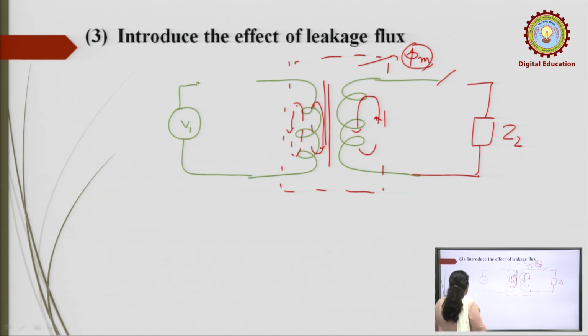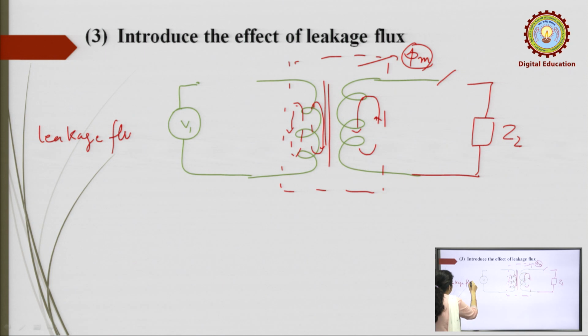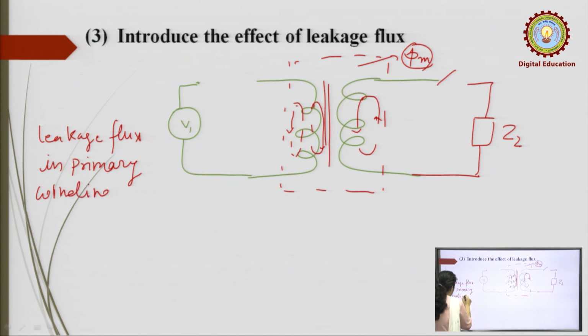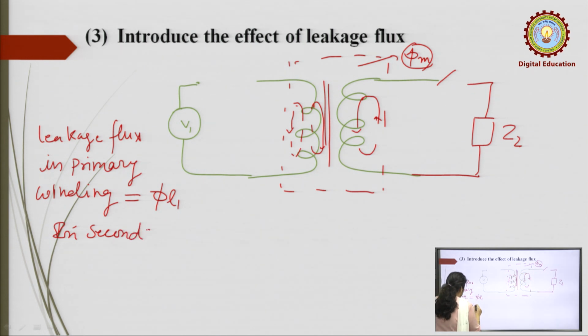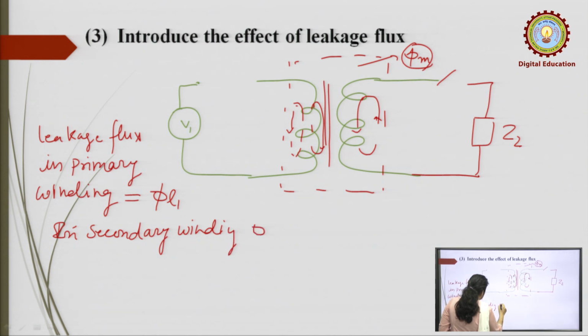Okay. So, suppose the leakage flux in the primary winding is equal to phi L1, and simultaneously in the secondary winding it is phi L2.